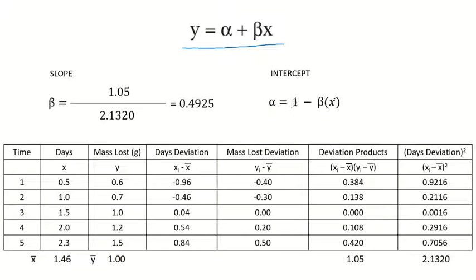And then for the alpha or the intercept, let's replace this with the mean of our dependent variable minus beta times the mean of our independent variable. So our intercept, where our regression line crosses our y-axis, is at 0.281.